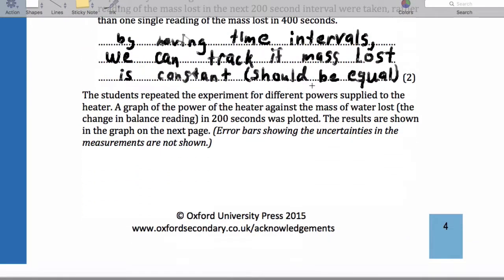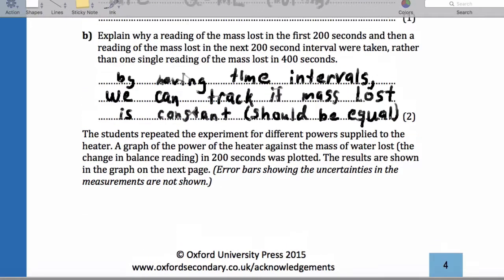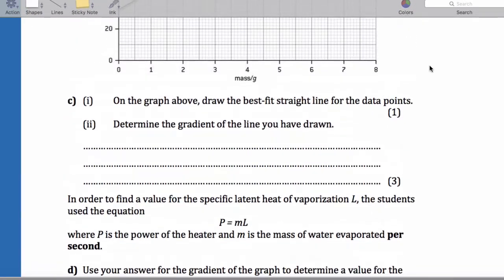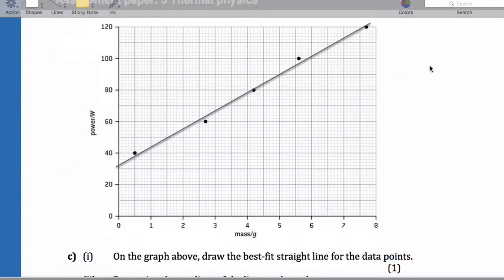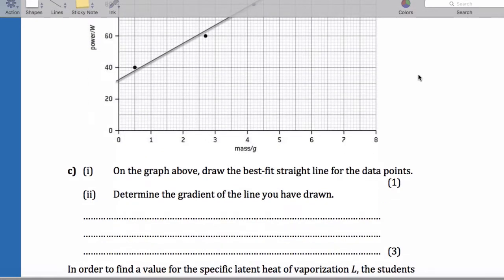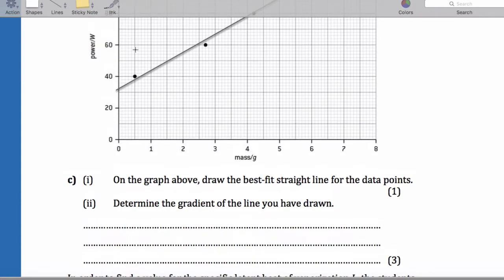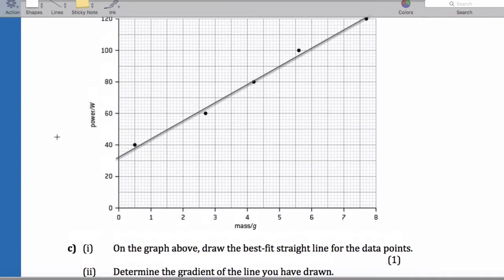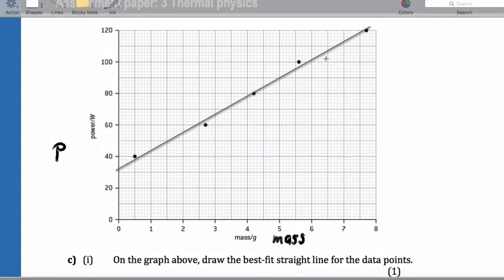So the student repeated the experiment for different power supplied to the heater. We've got a graph, and we want to just plot. And we're told, okay, let's graph the line, which I did here using a ruler. And we want the gradient of the line as drawn. So this is power versus mass. And let's just be clear. If we want to get the gradient of this line, I'll choose this point here and this point here.